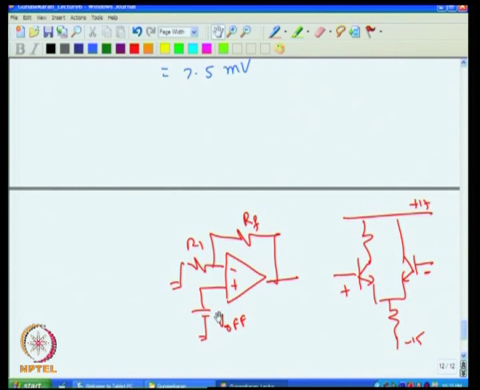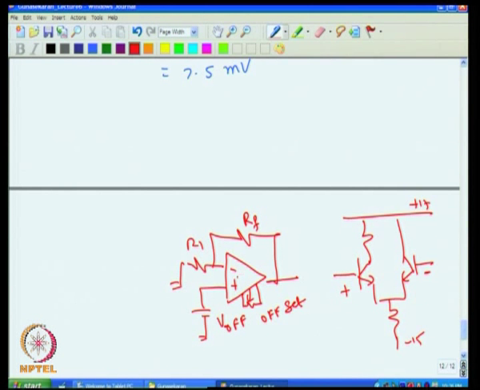In fact, offset voltage itself is not a big problem, because if the offset is there, you will get an output voltage amplified by the gain, but there is a provision in the operational amplifier to adjust the offset. They call it offset voltage adjustment. One can adjust this and make it 0, but that does not solve the problem, because this offset voltage continuously changes with temperature.